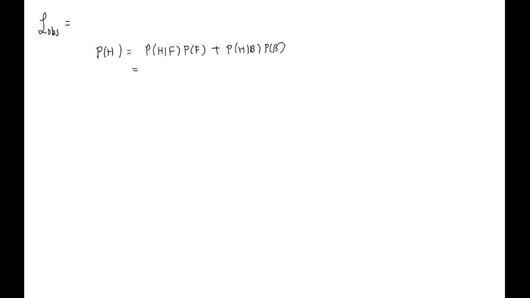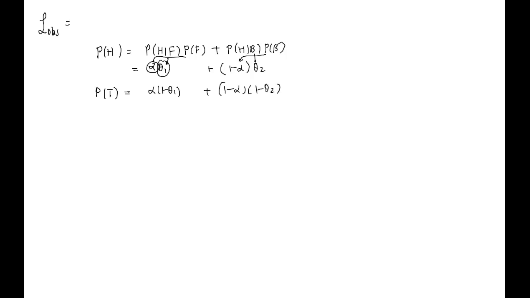So from the fair coin, it will be alpha theta 1, right? Now you have theta 1 as the probability, okay? So this one is theta 1, and this part here is alpha. Then this one is 1 minus alpha theta 2, okay? Right? So probability of getting a tail will be alpha (1 minus theta 1) plus (1 minus alpha)(1 minus theta 2), right?